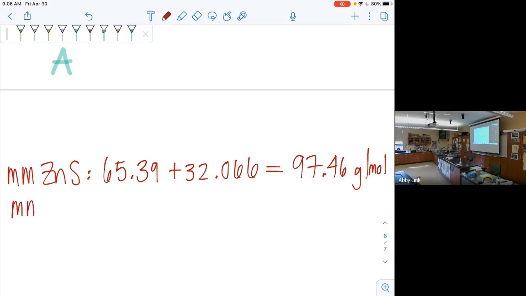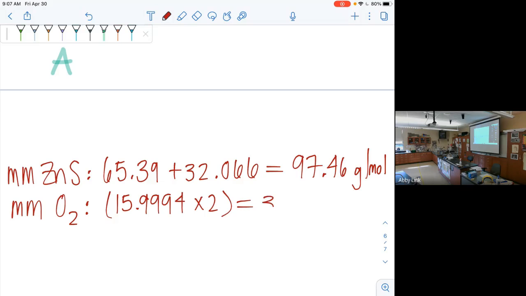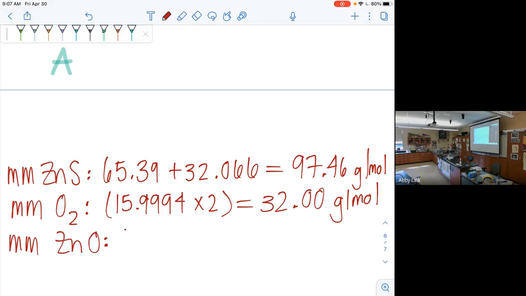Next is the molar mass of O2. That's just 15.9994 times 2, which gives us 32.00. And then the zinc oxide, 65.39 plus 15.9994, and that gives us 81.39.